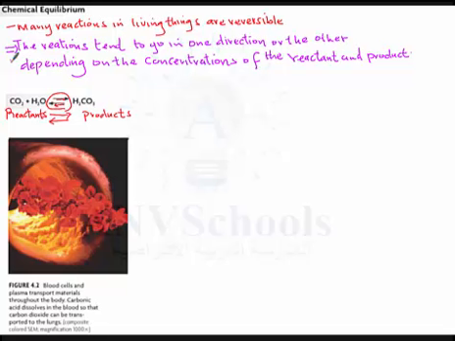The arrow in the equation, as you saw here, shows that the reaction goes in both directions. When the carbon dioxide concentration is high, what happens? As in most cells, when the carbon dioxide concentration is very high, then this will mix with water and it will be converted to carbonic acid.